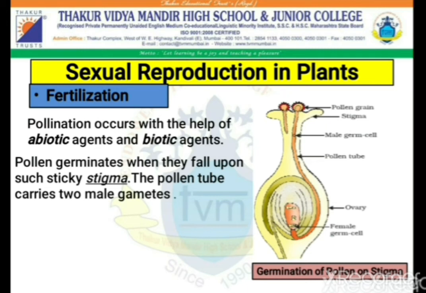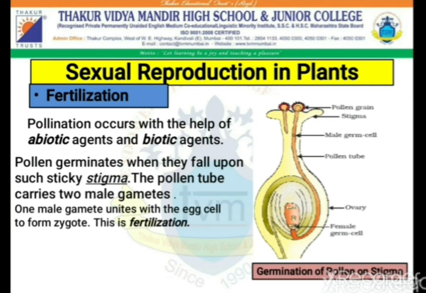At a time, only two male gametes can enter through this tube. So one male gamete unites with the egg cell. That means from those two male gametes which enter, one male gamete unites with the egg and it forms a zygote. This is called fertilization.